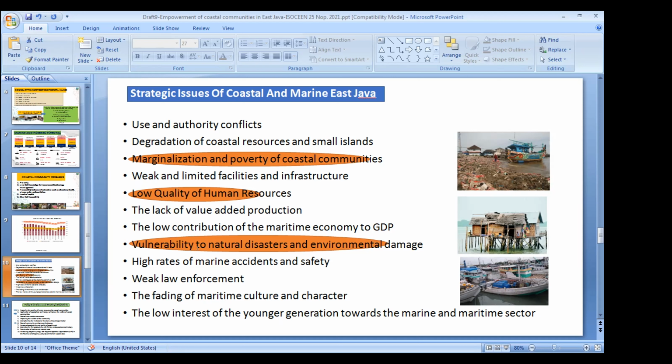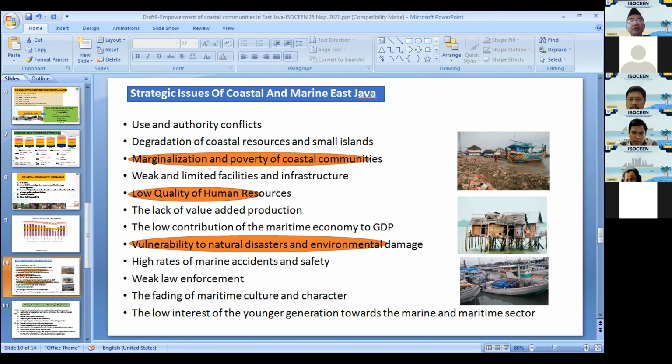All right, vulnerability to natural disaster and environmental damage. Sometimes we cannot respond to reduce the victims when disasters come. This is actually the responsibility of the university. Also high rates of marine accidents and weak safety law enforcement, the fading of maritime culture and character, and the low interest of the younger generation in the marine and maritime sector.